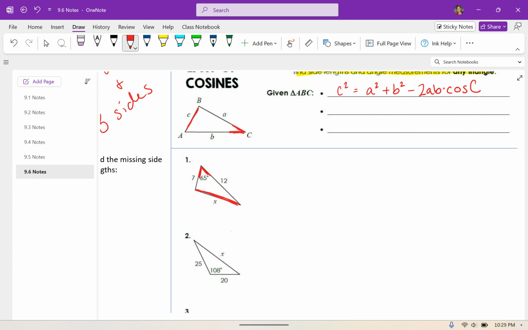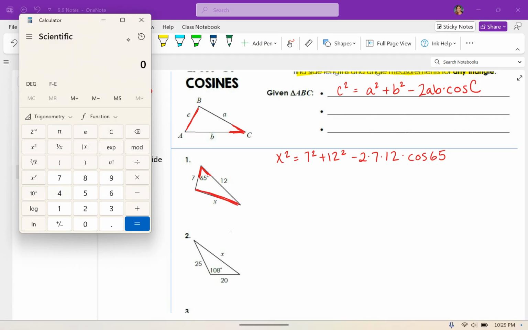Let's go ahead and start. X squared equals 7 squared plus 12 squared minus 2 times 7 times 12 times cosine of 65. And we can solve this.